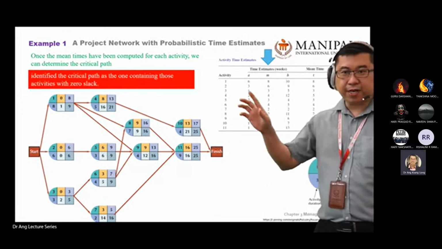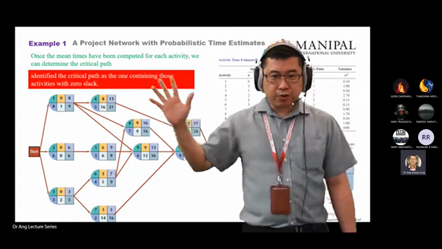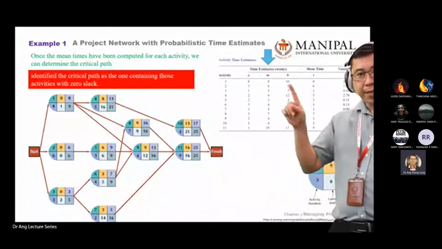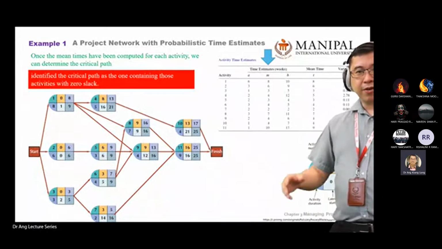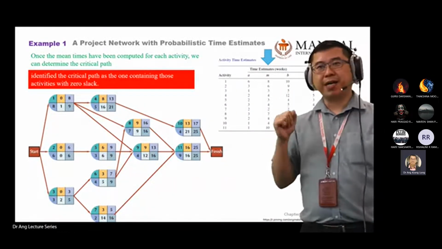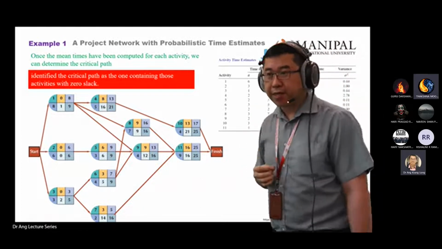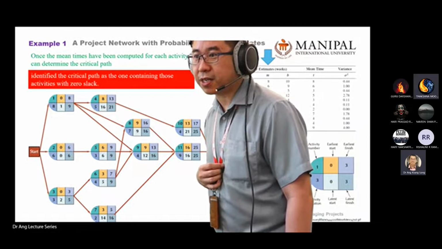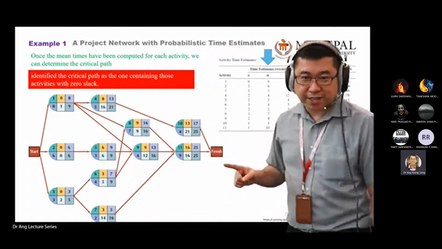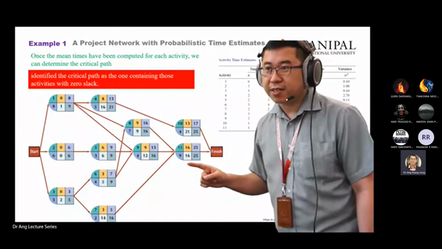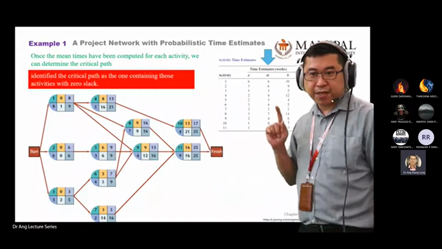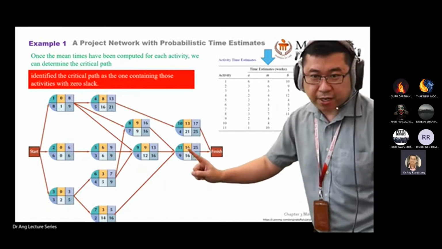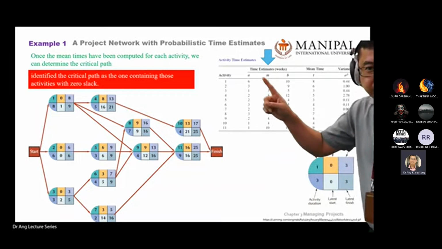Okay, so just take note. The numbers that you use to build this diagram is the M number, or not the mean number, but the most... sorry, let me see. Check. Number 11 is 9. Oh, sorry. It should be using min. It should be using min. Something is wrong with my slides here.